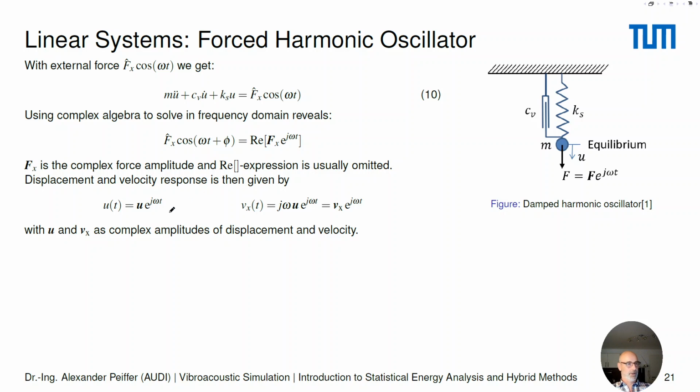The real part is omitted, and the same can be done for the displacement, which is written in this form, and the velocity follows quite easily out of this displacement. The derivative corresponds to multiplying the same thing by j omega, and then we get the complex velocity.